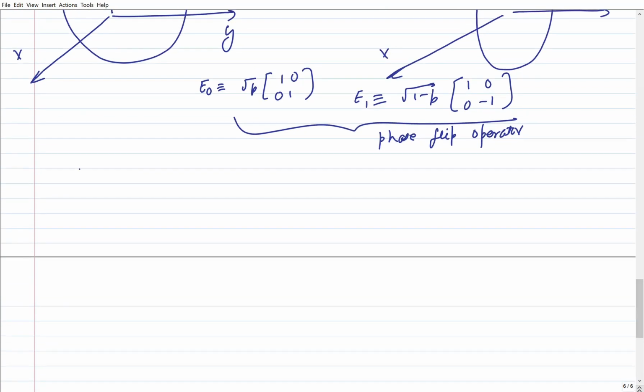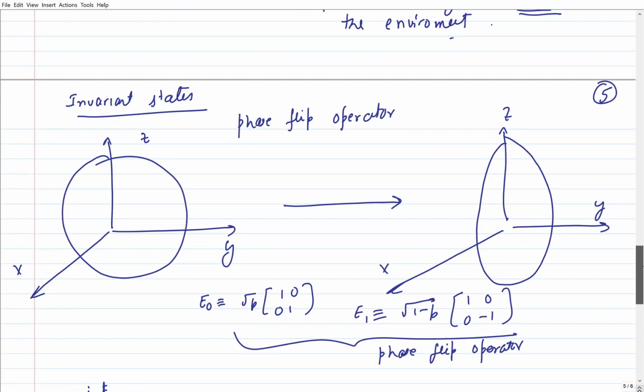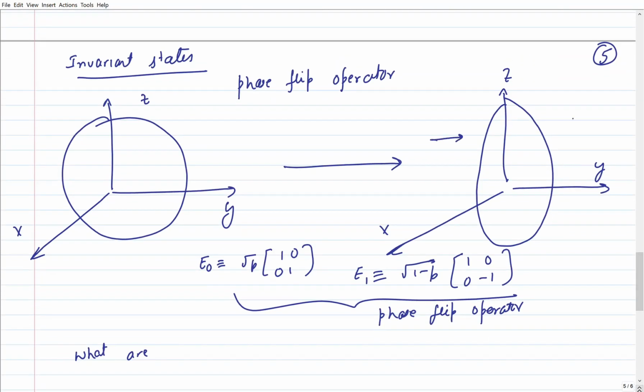So I'll just tell you, that's the question. By the way, what were the set of invariant states? Remember, for the phase flip, it's contracting in this direction, and the z-axis is the set of invariant states. Nothing will happen to any state lying on the z-axis because it's a contraction along the z-axis.